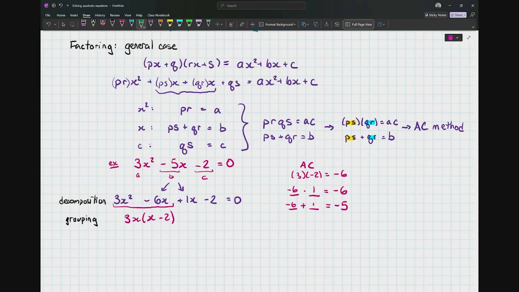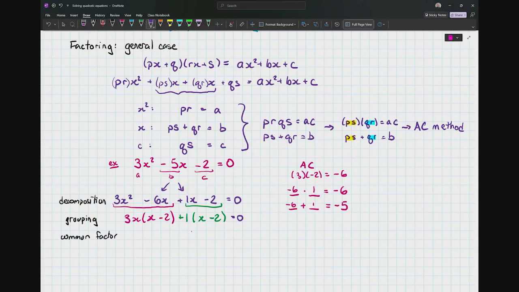Out of these last 2 terms here, there's not really a lot to factor. There's nothing in common with a 1x and a 2, really. However, you can always factor out a 1. That's not a problem. I can factor out either a +1 or a -1. Factoring out a +1, however, leaves me with an x minus 2. And that's great because you'll see that in both of these 2 different groups, I have a common factor. So I can factor one more time by pulling out that common factor.